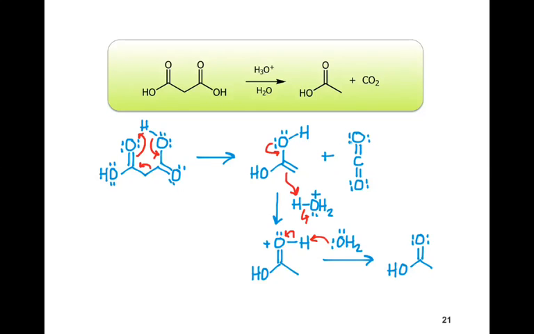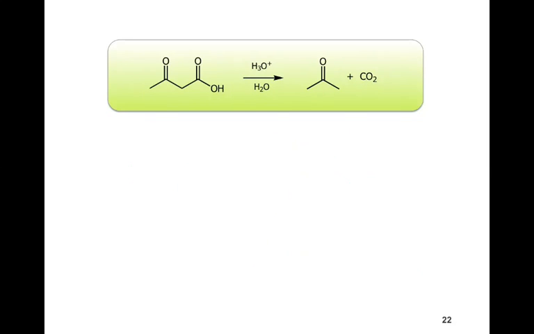And that's decarboxylation, in this case, of a beta diacid. One can draw the mechanism, and I'll leave it up to you, for the decarboxylation of the beta-keto acid. And it happens in much the same way.